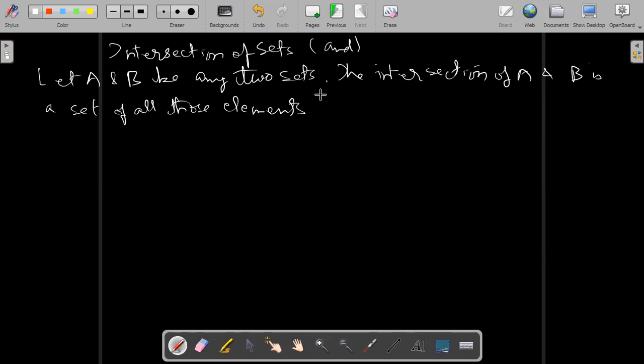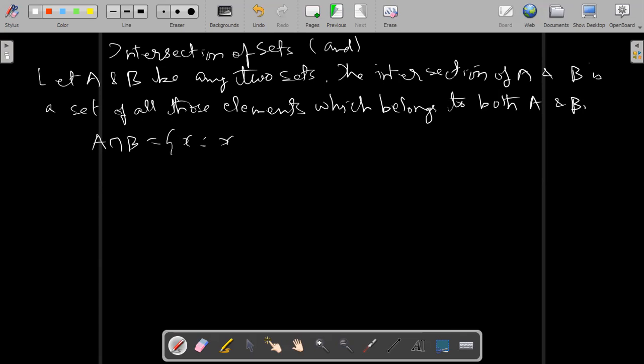So all those elements which belong to both A and B. Okay, and it is denoted by A intersection B, and A intersection B is a set of all x such that x belongs to A and x belongs to B.